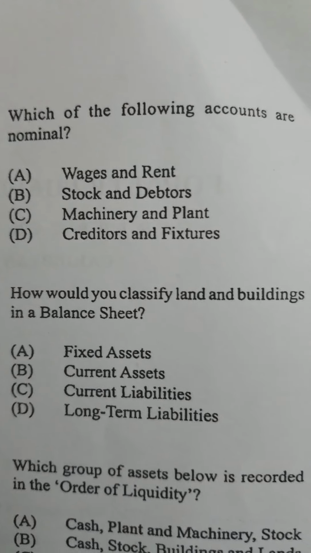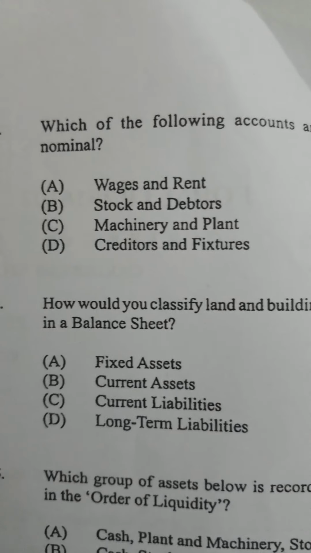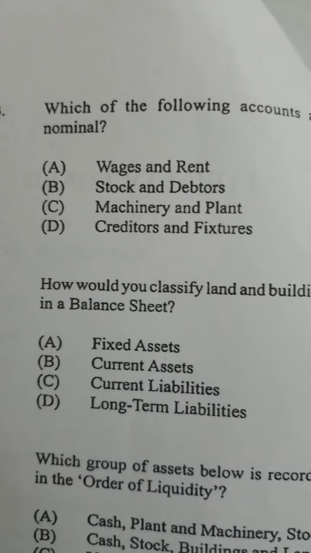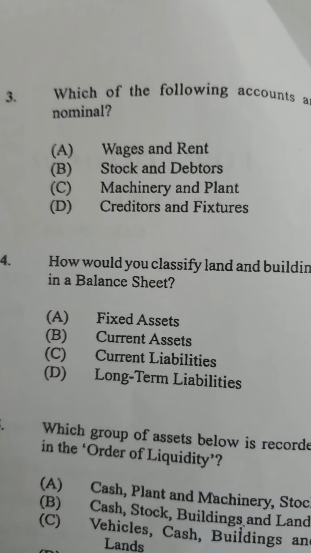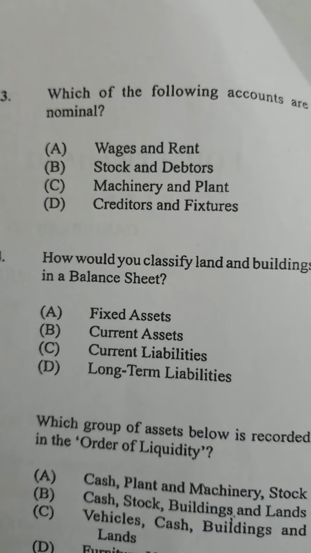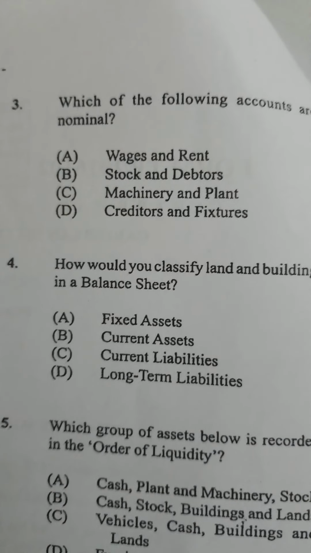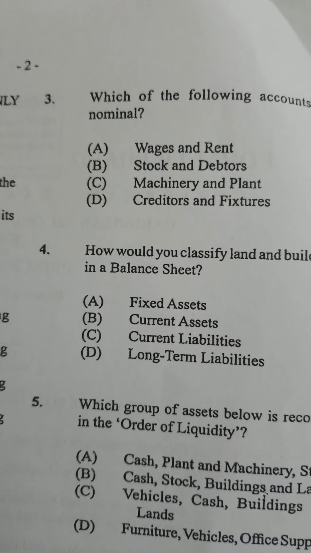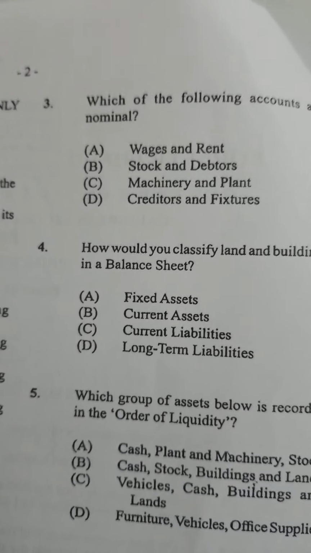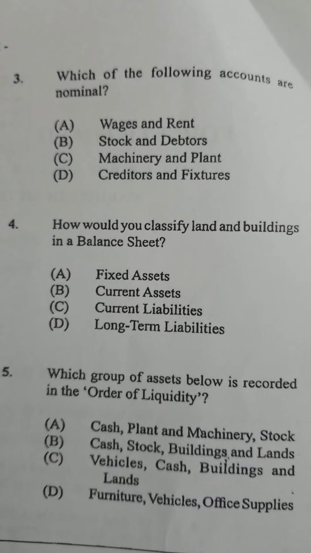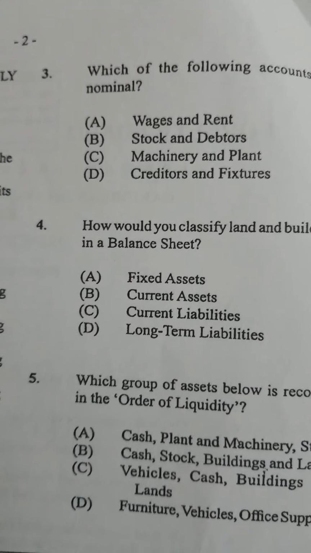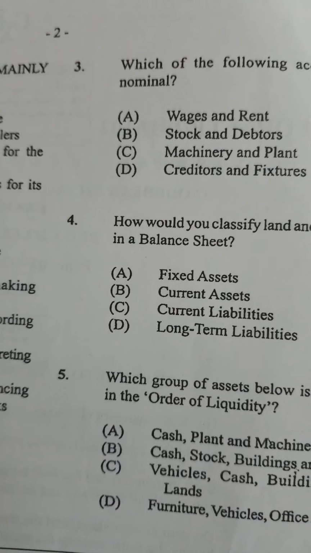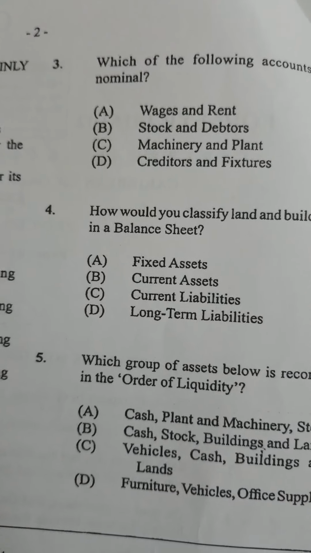Let's jump over to question 3. Which of the following accounts are nominal? Now, this area of the question is asking you to remember types of accounts. There are real accounts, nominal accounts, and personal accounts. Nominal accounts speak to what now? Expenses, yes, revenues, and capital.